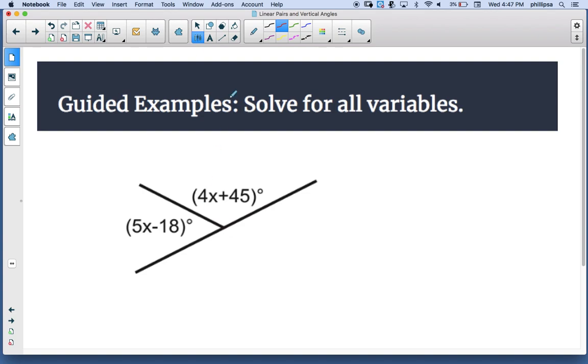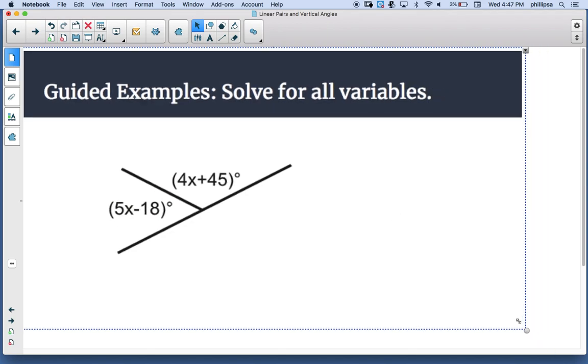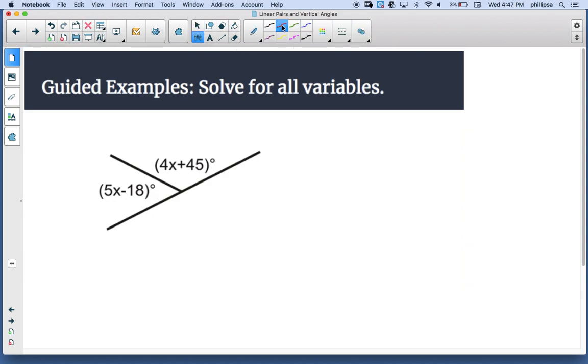Okay. Again, another pair of adjacent angles lying along the same lines, making them supplementary, a linear pair and supplementary. So to solve for my variable, I'm going to do 5x minus 18 plus 4x plus 45 equals 180.